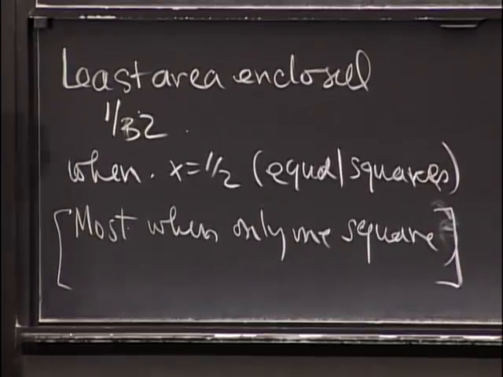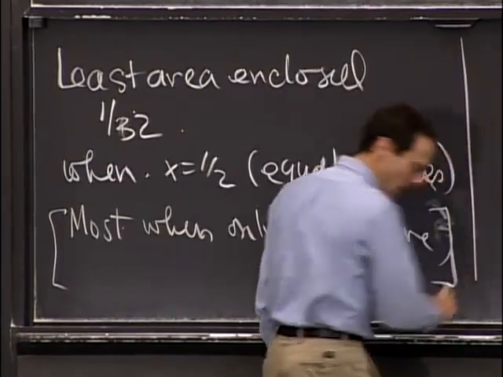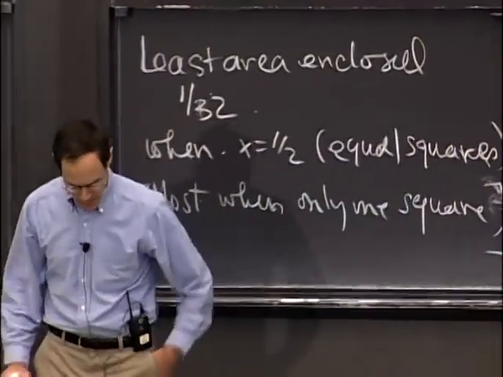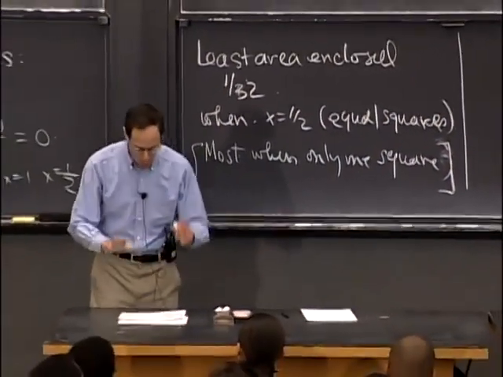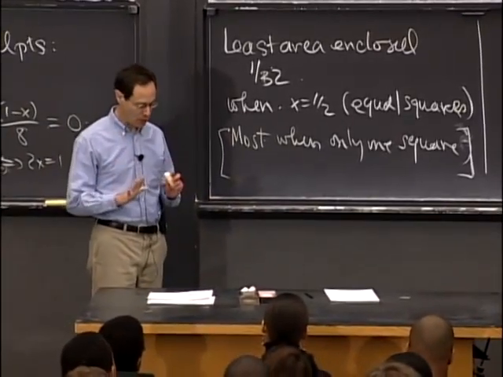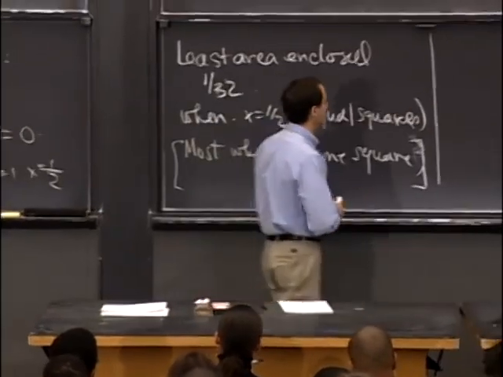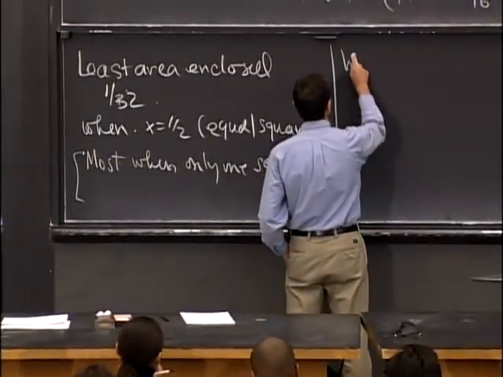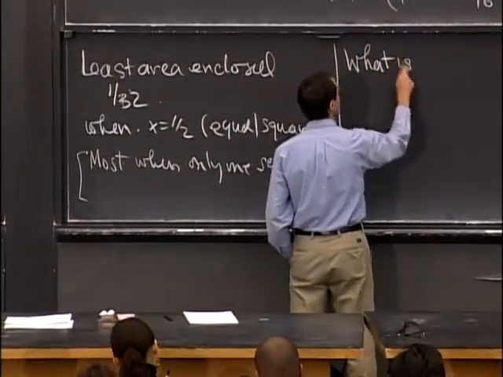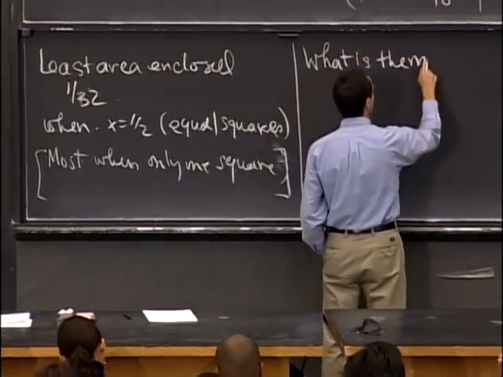All right? Now, so that's the first kind of example. And I just want to make one more comment about terminology before we go on. And I will introduce it with the following question. What is the minimum?